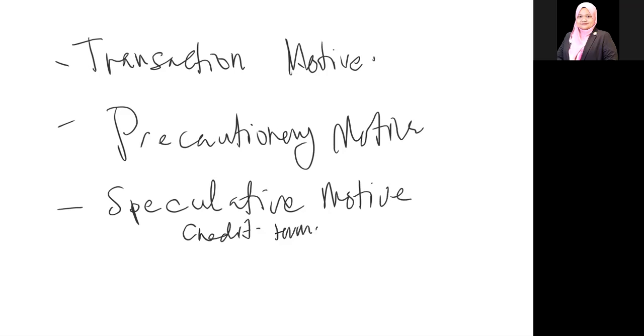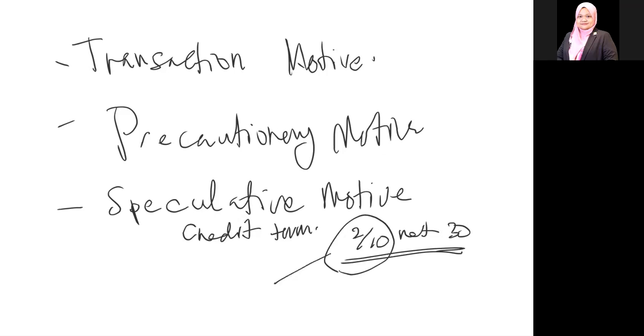Example of credit term is 2/10/30. Your supplier gives you only 10 days to pay in full, and they will give you a 2% discount. This 2% discount is only given if you pay within 10 days. What if you do not have enough cash within the 10 days? Then you're not able to grab the opportunity of the 2%.